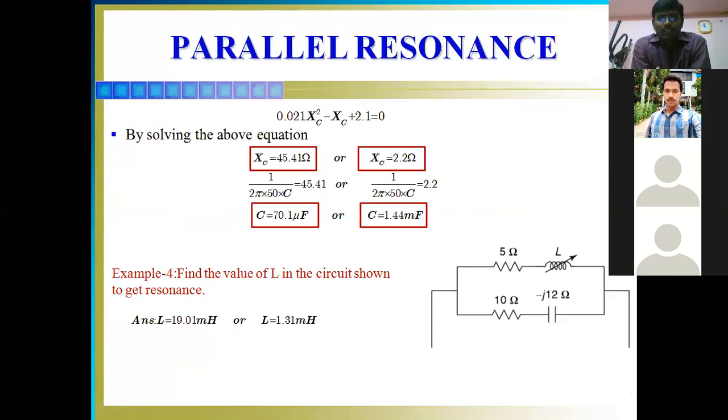From that, substitute XC is equal to 1 by 2 pi FC. For both values of XC, you can get two values of C, two values of capacitor: C is equal to 70.1 microfarad and C is equal to 1.44 millifarads.